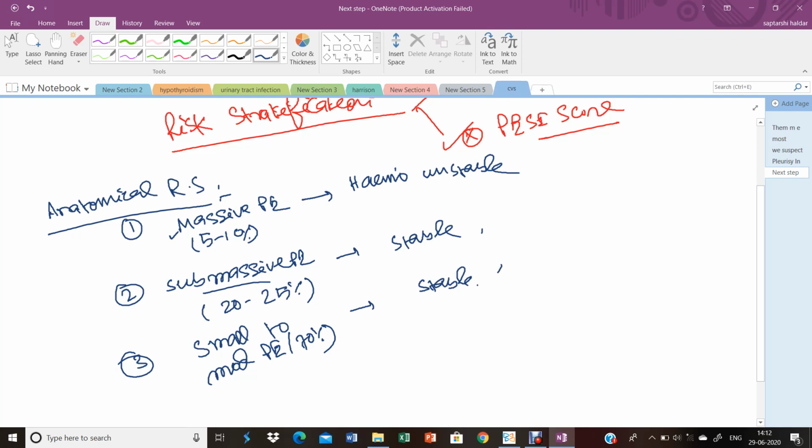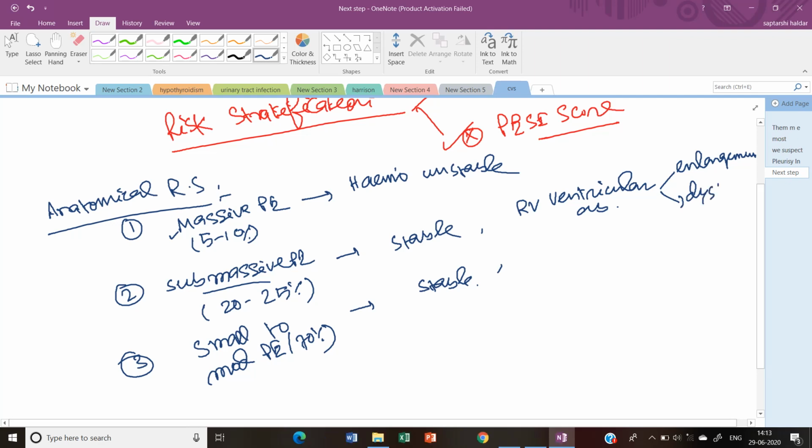But in these cases, the patient has right ventricular abnormality. The right ventricular abnormality includes enlargement or any dysfunction clinically.